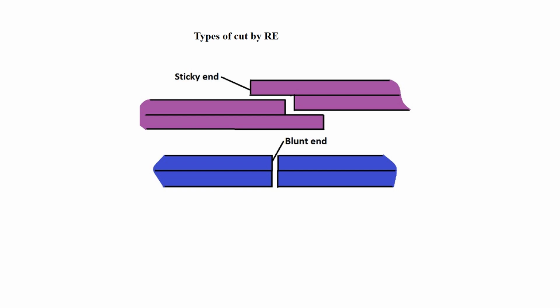The asymmetric cut is known as sticky end cut, and the symmetric cut is known as blunt end cut. These are the two types of cut produced by restriction endonucleases which we are using in genetic engineering.